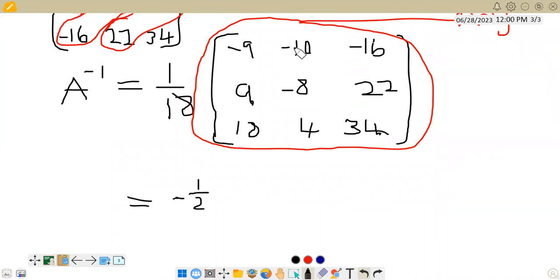Then negative 10 times 1/18 will be negative 10/18, but 2 goes into 10 and 18, so 2 into 10 is 5, 2 into 18 is 9, so it will be negative 5/9. Then 1/18 times negative 16, when we simplify, you'll see that it will be negative 8/9.